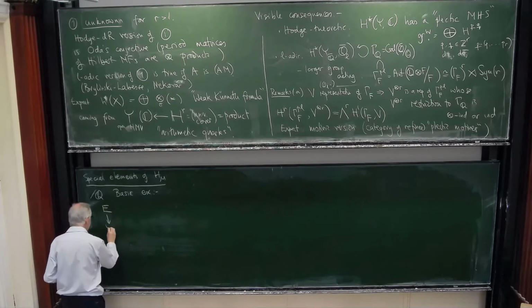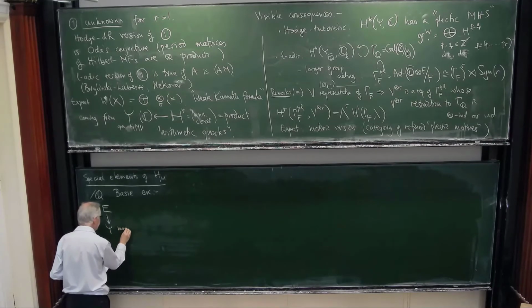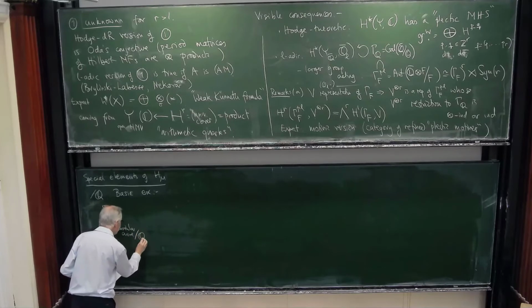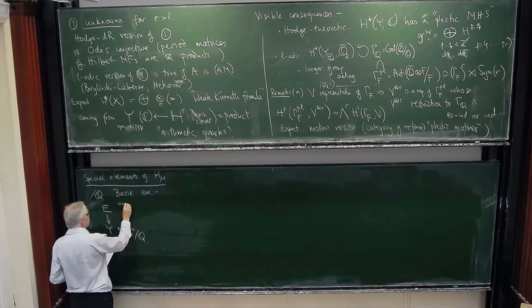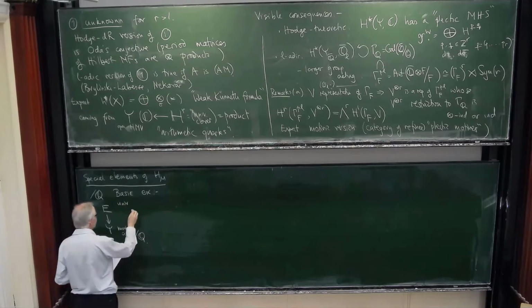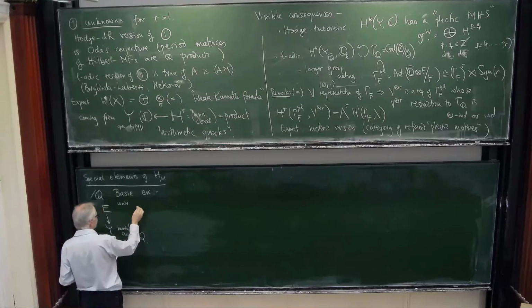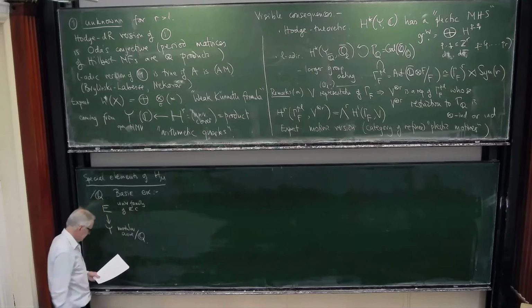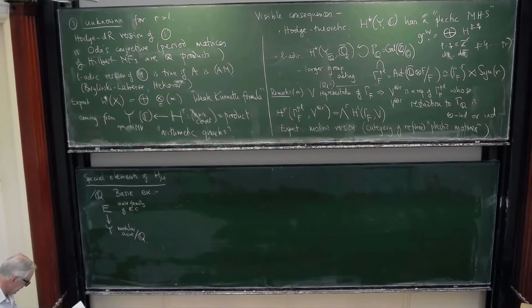So we take this modular curve over Q, and then, assuming the level is sufficiently small, we have a universal family of elliptic curves over it.